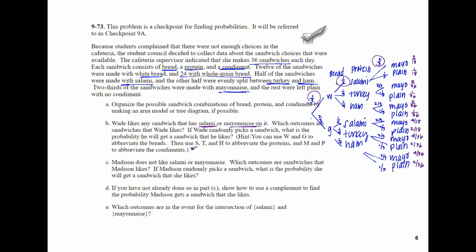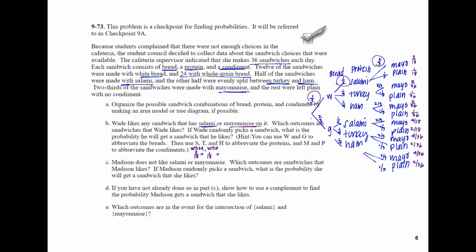white bread, salami, and mayo, which happens 2 out of 18. We have white bread, salami, plain, 1 out of 18.